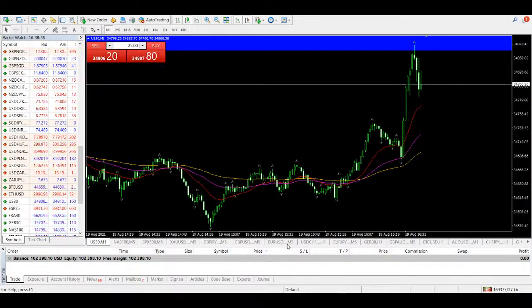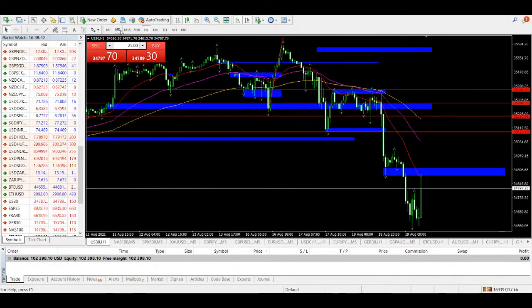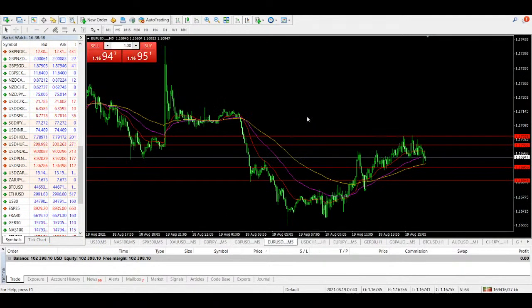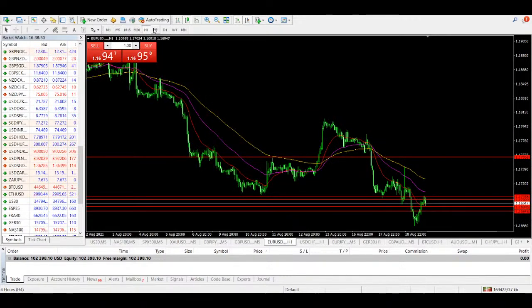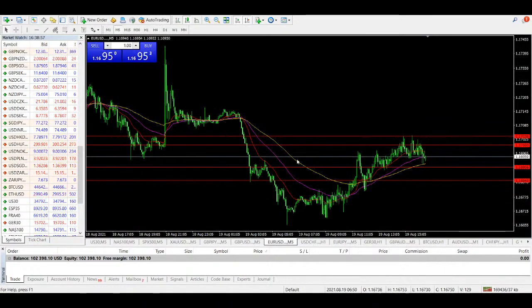One concern I have is that the move from this will continue. That's why I took my profit on that trade there. But Euro Dollar, yeah, I'm going to try and fade it.